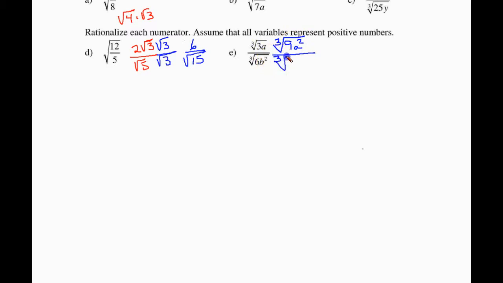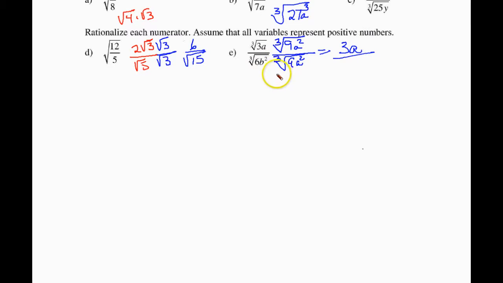So 3, 9, a squared. Now my numerator is going to become the cube root of 27a cubed. 3 times 9 is 27. But the cube root of that makes it 3a. I've rationalized the numerator, and now I do the denominator.